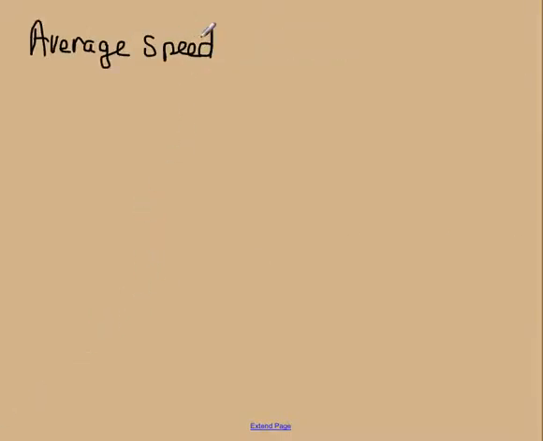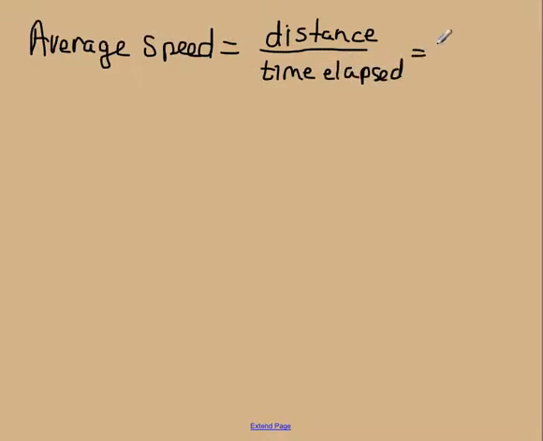Okay, average speed, we're basically going to calculate that as your distance traveled divided by your time elapsed. If you want to, you could look at that as your change in y over your change in t. Okay, so let's look at this example here.